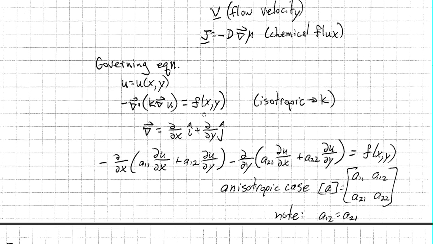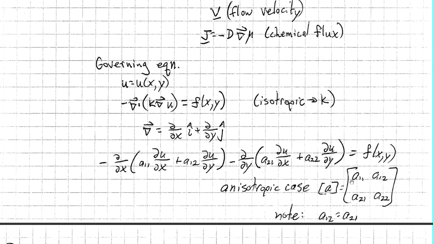Alright, and another thing to note is we're just going to define this as a single constant. So that means it's isotropic. So that means if you have flow in any direction, it has the same properties. Now, if you do the more general case, which I'm showing down here, this is given in Reddy's book, where this is a second order tensor.